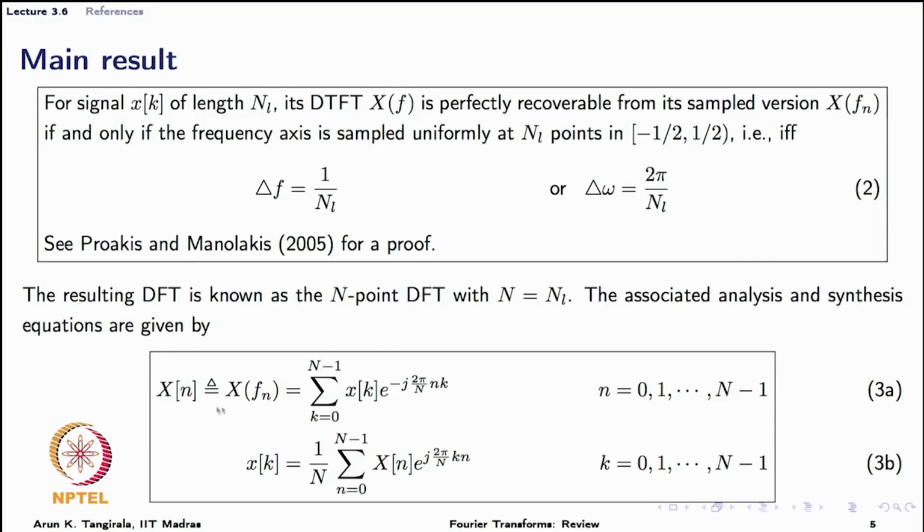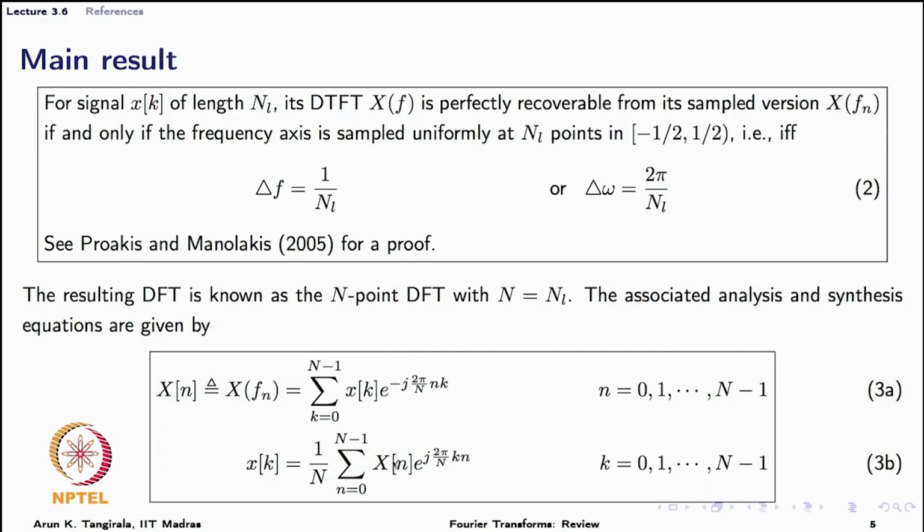Formally, we say X(f_n) is X(n), the same notation that we used for discrete time signals. In time we use k to keep track of the sampling instant. In frequency we use n to keep track of the frequency point. So, X(n) is nothing but what you have seen earlier, and we evaluate the DFT for all values of n running from 0 to N minus 1.